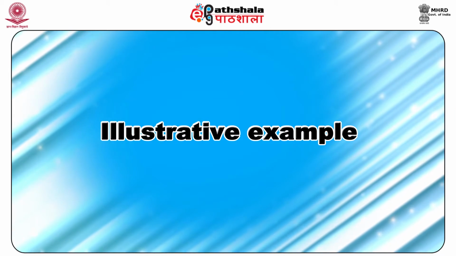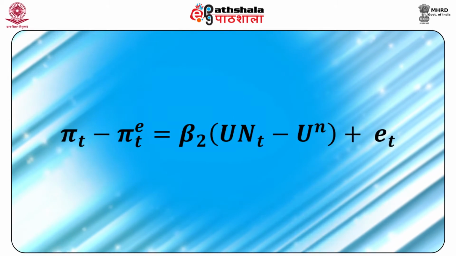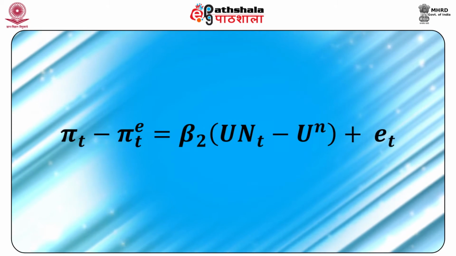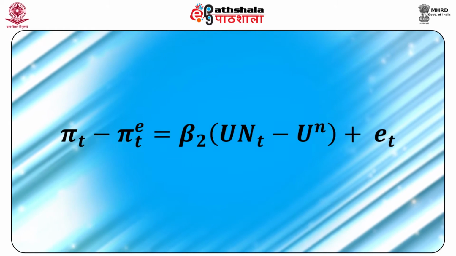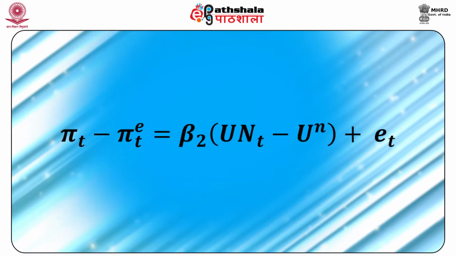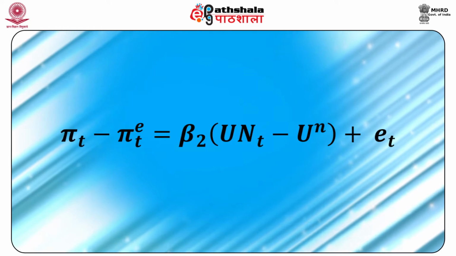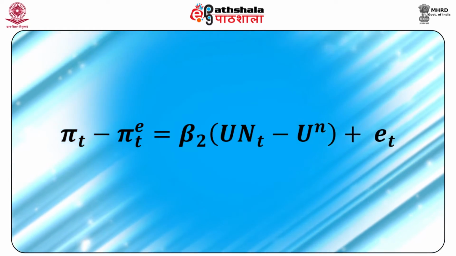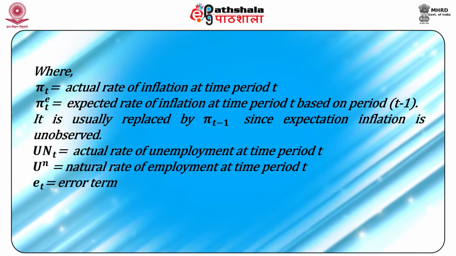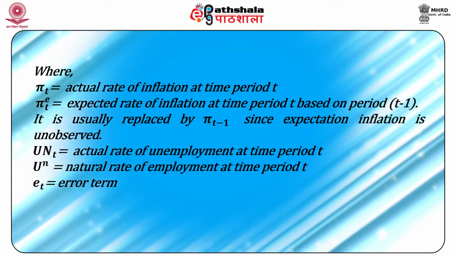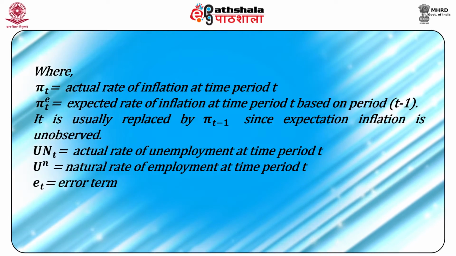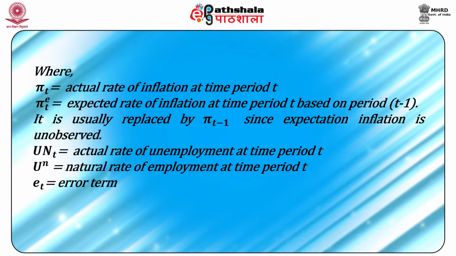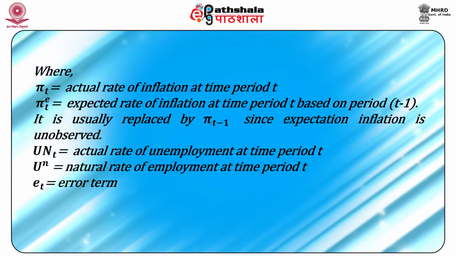Now, let us take an illustrative example. Consider the modern version of the Phillips curve, which can be expressed as pi t minus pi t raised to power e equal to beta 2 into (unt minus u raised to power n) plus et, where pi t is defined to be the actual rate of inflation at time period t and pi t e is equal to the expected rate of inflation at time period t based on period t minus 1.